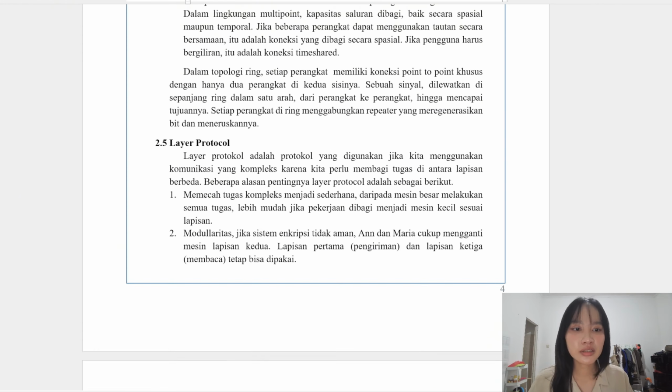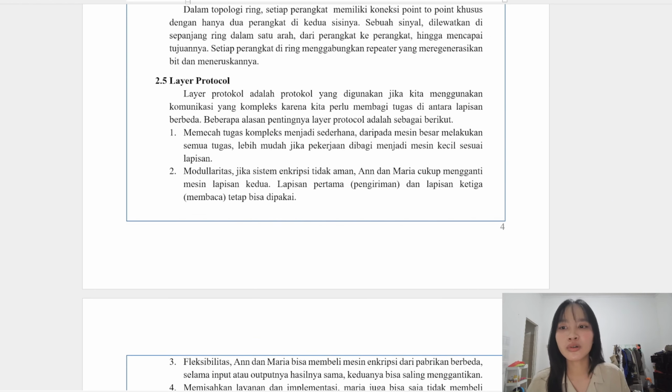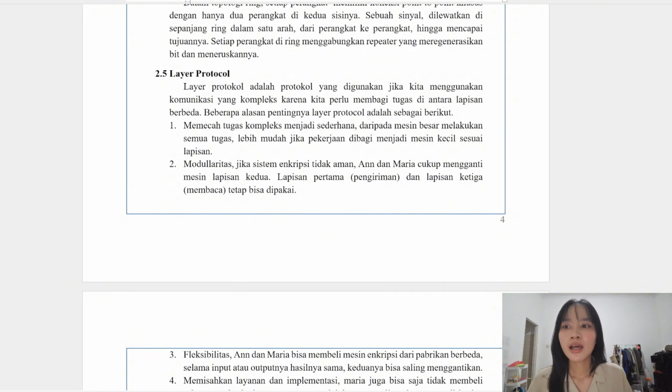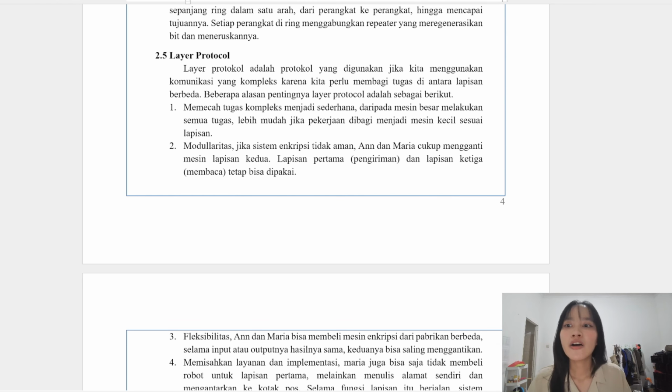And we're also going to talk about the protocol layer. The protocol layer is the protocol used when we have complex communication because we need to divide tasks among different layers. Some important reasons for the protocol layer are as follows. The first one is breaking down complex tasks into simpler ones. Number two is modularity.